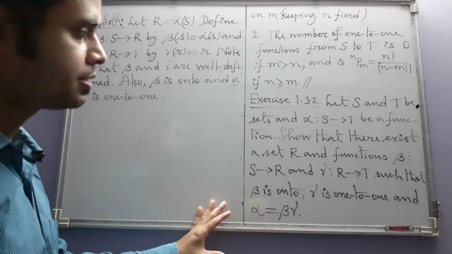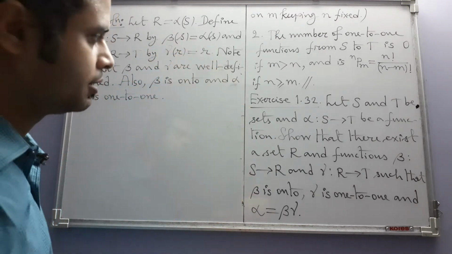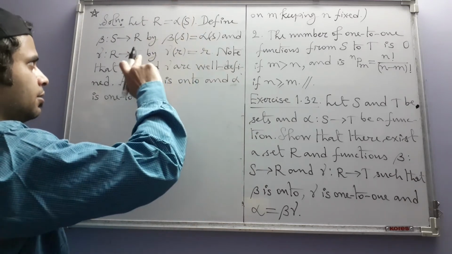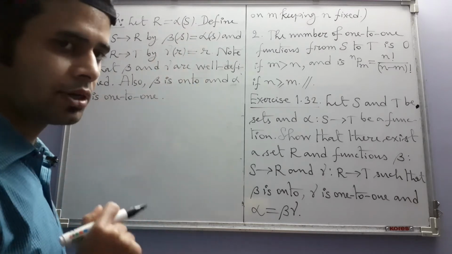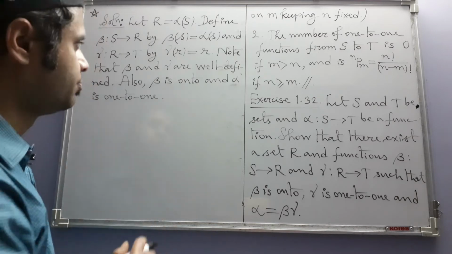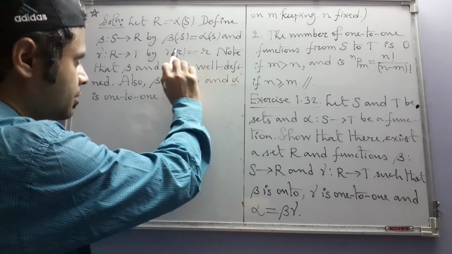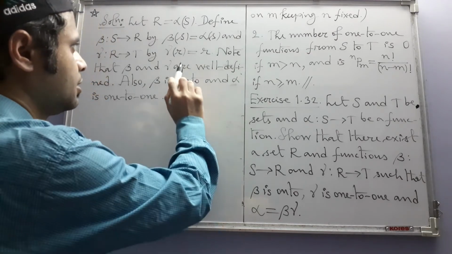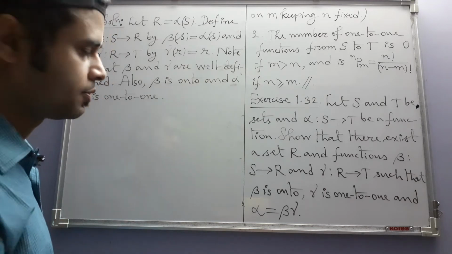The formula is intact. The formula for beta is nothing but that of alpha. We have just changed the codomain. Originally it was T, we have replaced that by alpha of S. So now beta is onto, and like that gamma is 1 to 1 because here distinct inputs give us distinct outputs. That is because outputs are nothing but inputs. Okay.